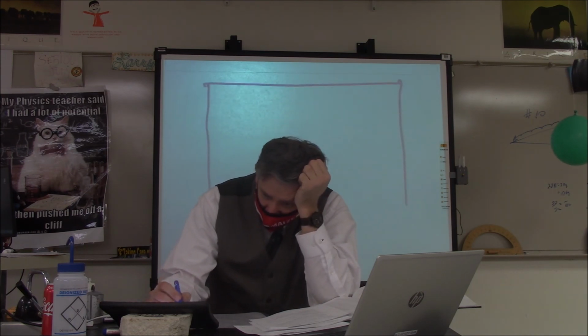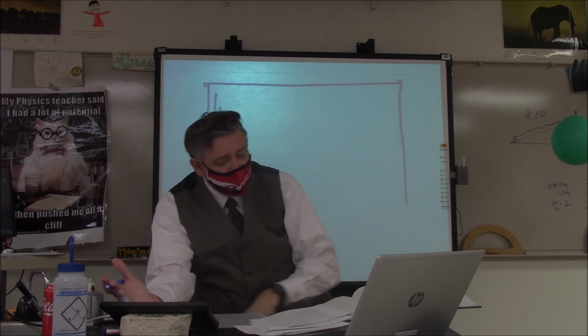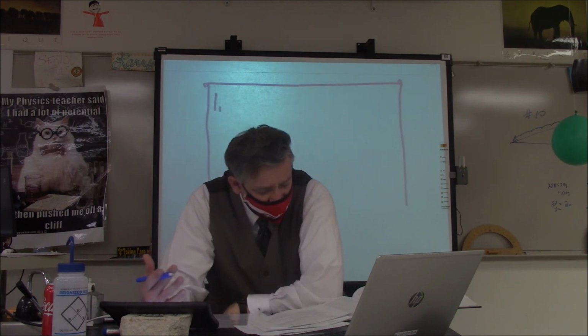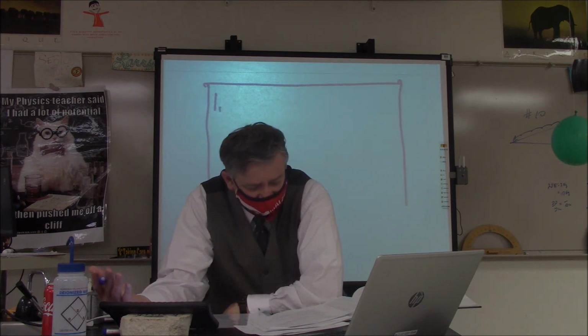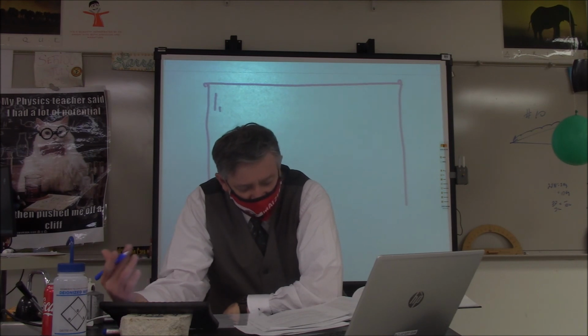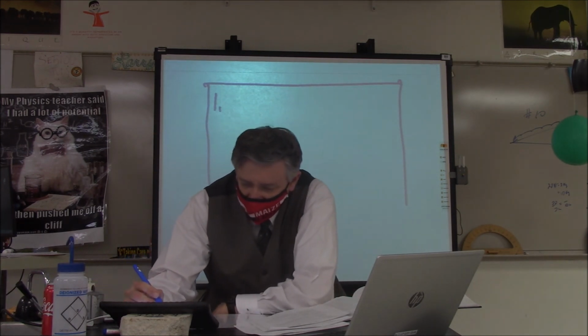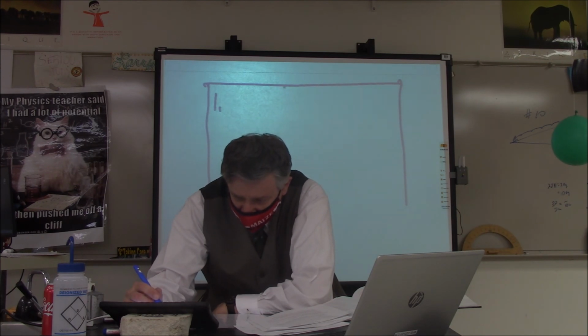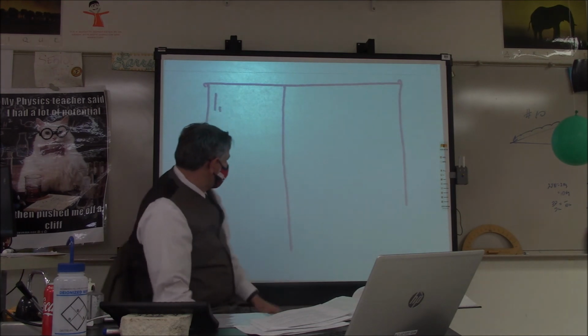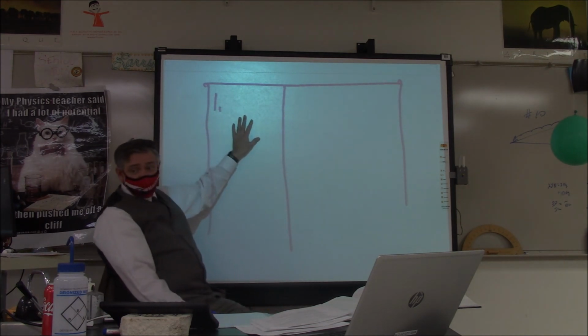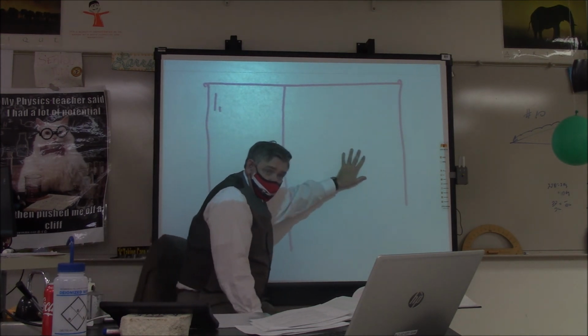On number one, for a neutral solution at pH, what's the concentration of your hydronium ions, hydroxide ions, and the pH? So here's how I want this answered. Imagine that you draw a line down the page like this. I want the answers here, and I want the work over here.